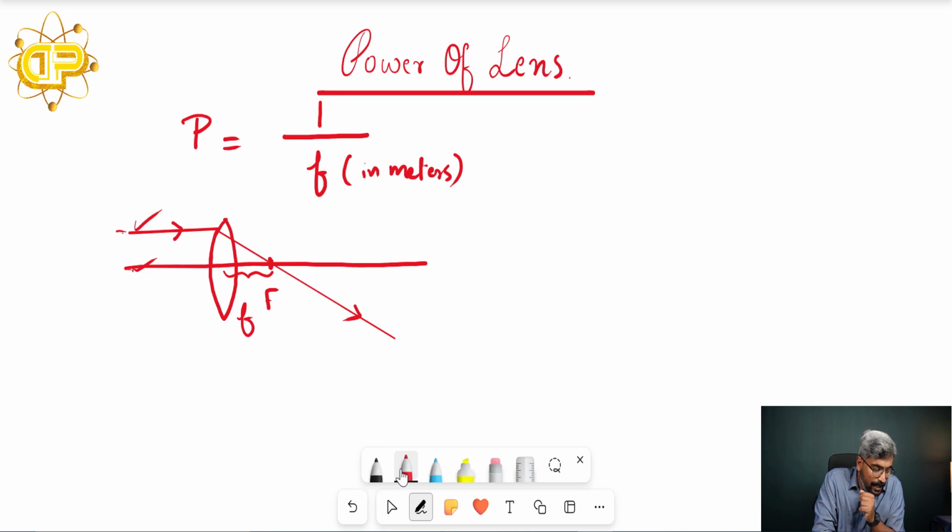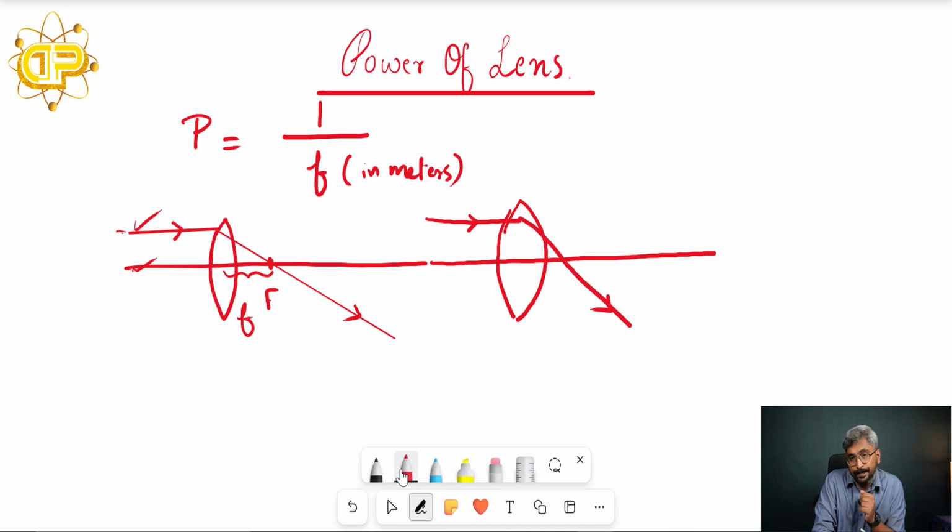And if I have another convex lens which is much thicker, and the same ray of light falls on this lens too, it will converge the light more. If I calculate the principal focus, this focus is shorter than the first one, so the focal length will be smaller than the first one.